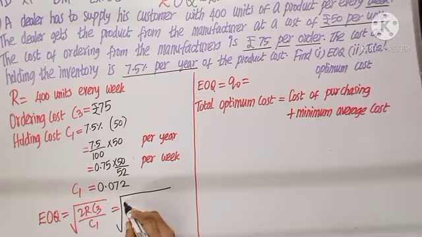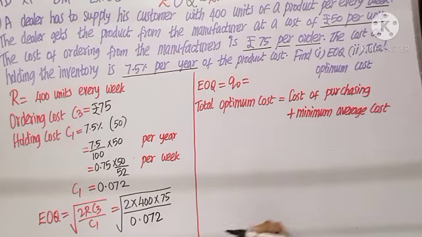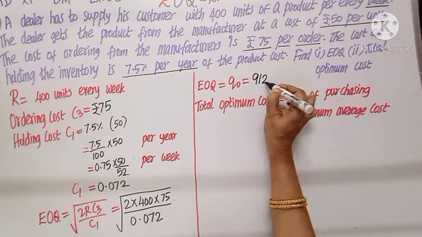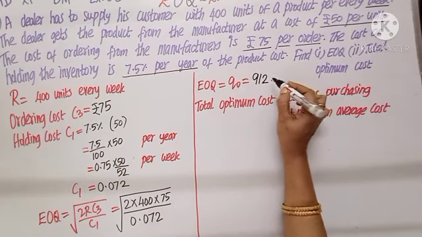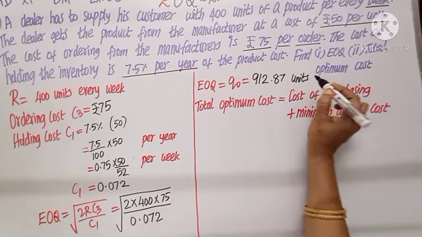Square root of 2 into R is 400, C3 is 75 divided by C1 is 0.072. As we multiply and take square root, the answer is Q0 equals 912.87. This many units per order.